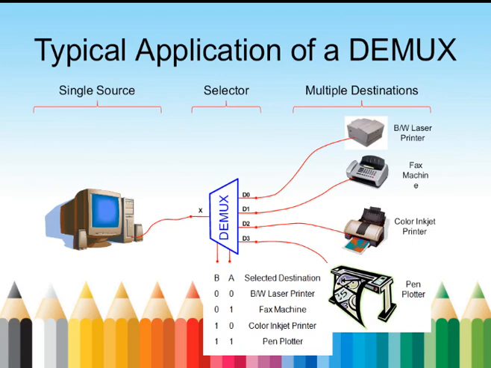If my select input is 0, 0, the black and white printer receives the output of the CPU. If my select input is 0, 1, the fax machine receives the output of the CPU. If my select input is 1, 0, the color inkjet printer receives the output of the CPU. Similarly, if my select input is 1, 1, the pen plotter receives the output of the CPU.